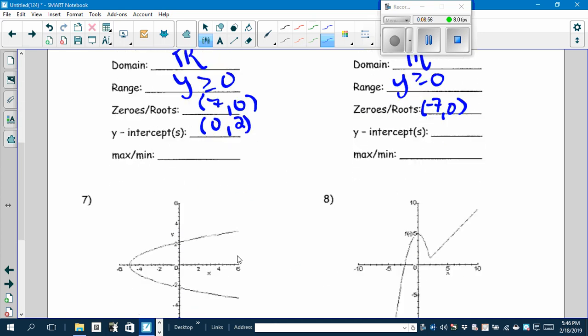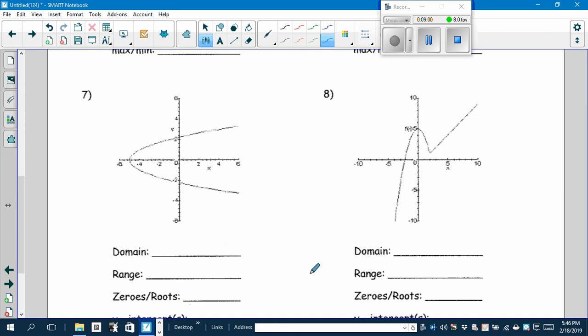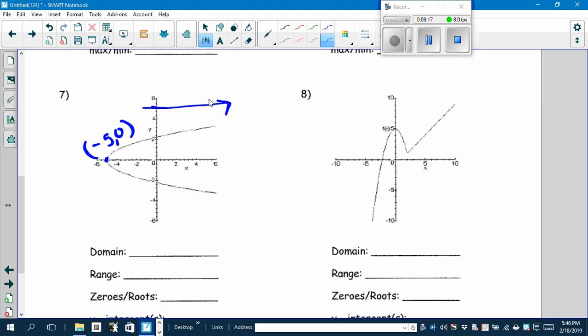And let's just skip the min-max. Now here is a great one. This is another parabola. Remember, this is actually going left to right. This is not a function. Let's pretend that's -5, 0, right? All right. So my domain goes in this direction, right? This is my horizontal behavior, right?